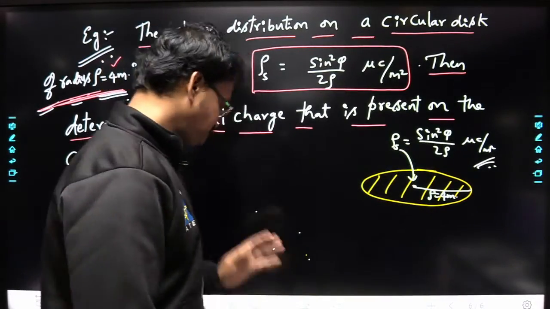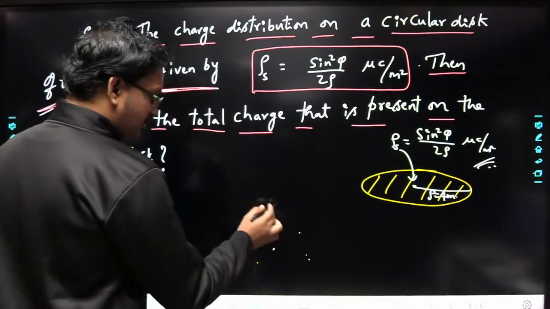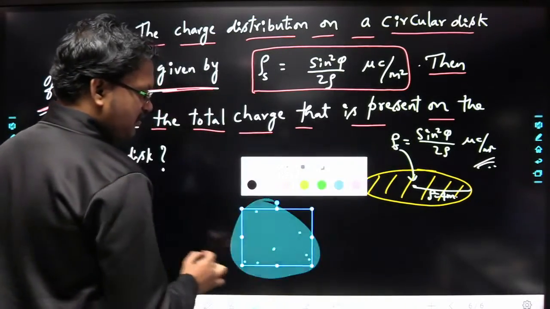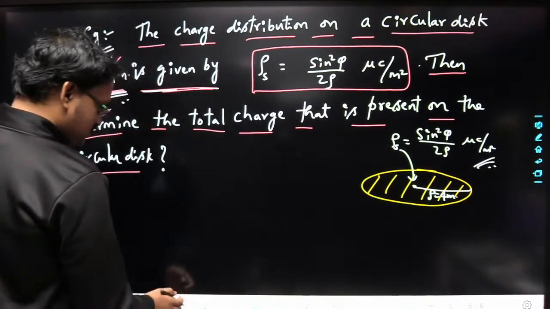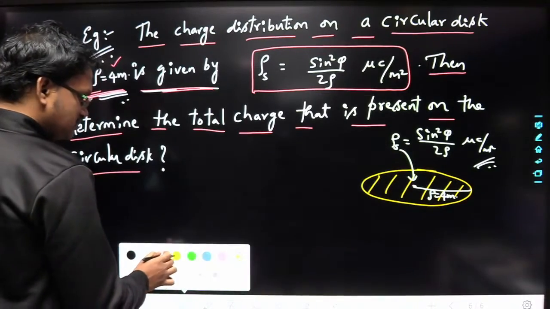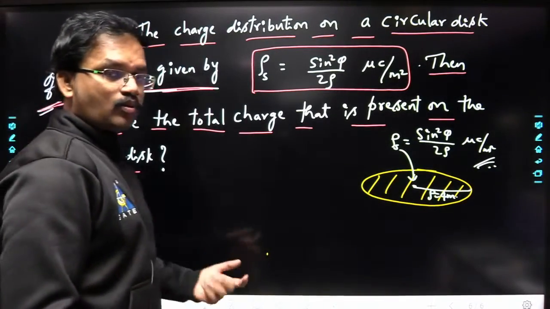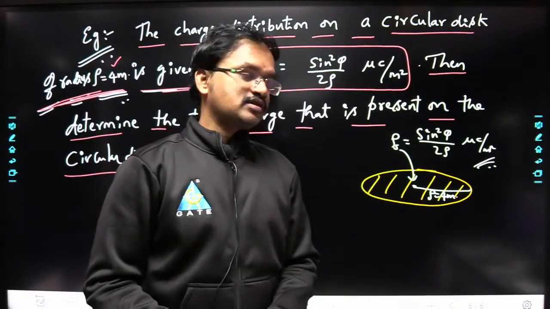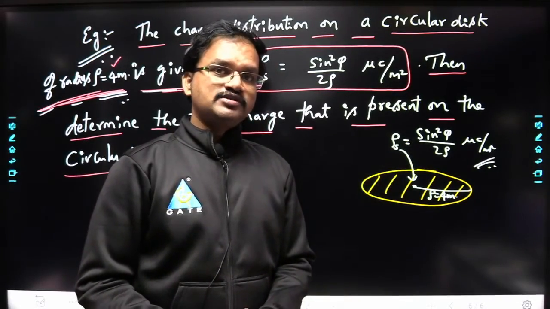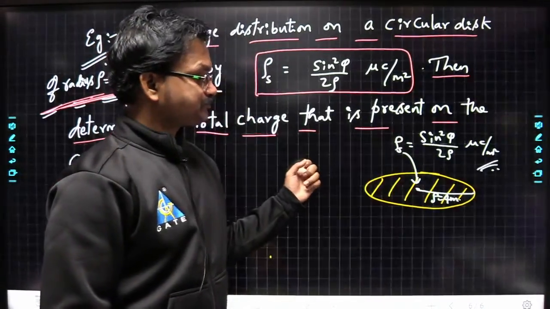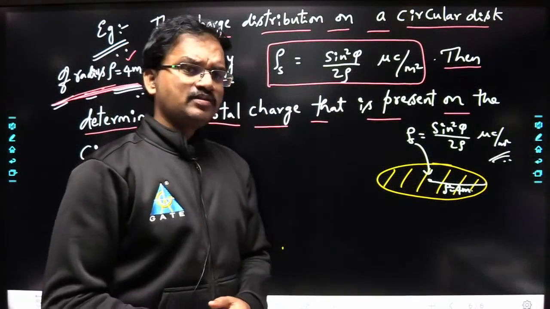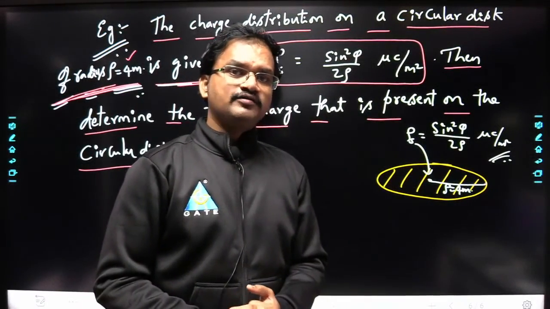Understood? Okay. So whenever you see a circular disc here, what are the variables? The variables are nothing but rho and phi. Yes or no?